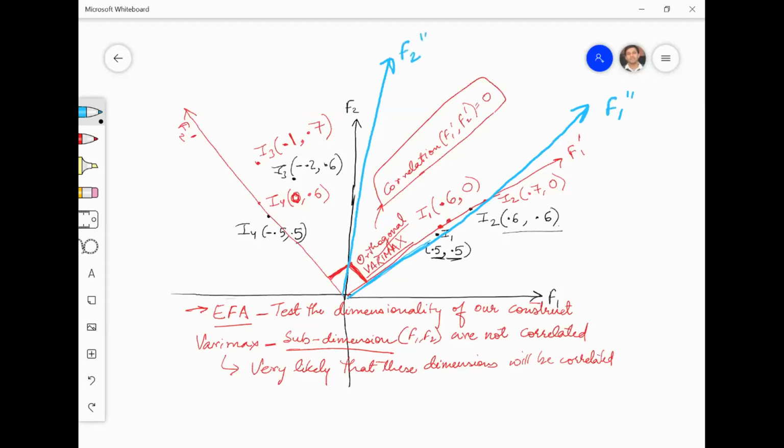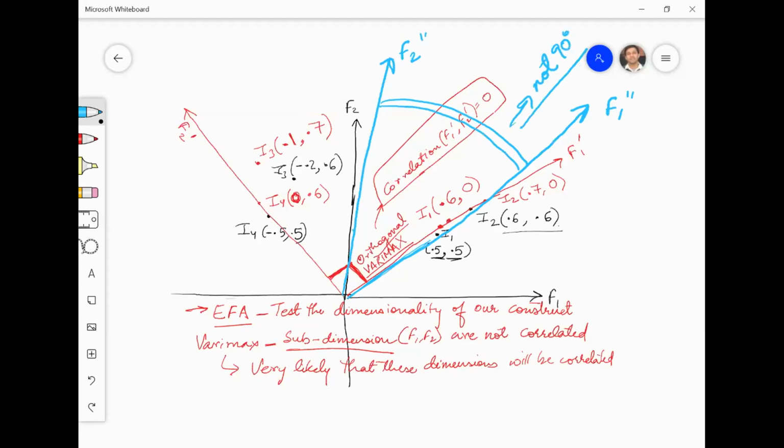Look at their extraction, and this angle is not 90 degrees.